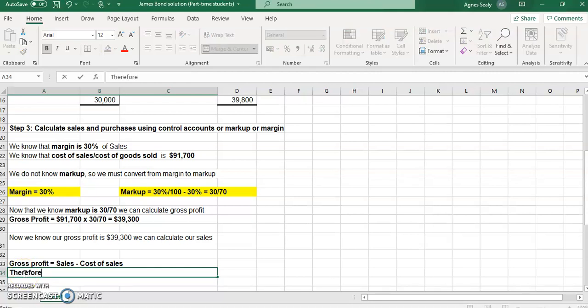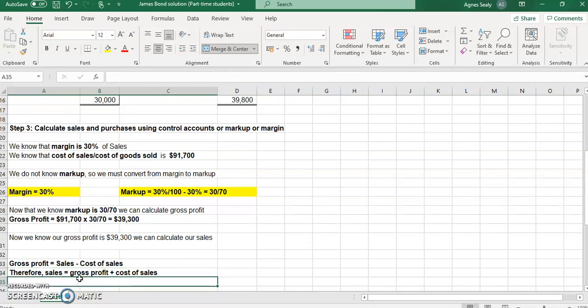Therefore, sales will be equal to gross profit plus my cost of sales. You're just transposing the equation. So my sales will be equal to my gross profit of $39,300 plus my cost of sales, which is $91,700.